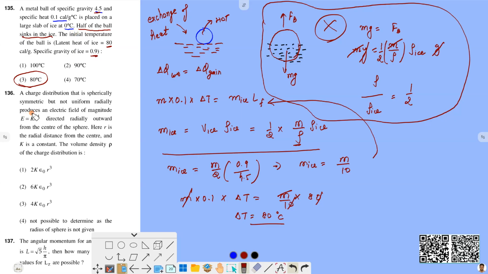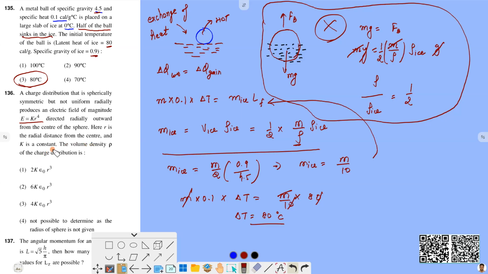So moving to the next one: a charge distribution that is spherically symmetric but not uniform produces an electric field of magnitude E equal to k r raised to power 4, directed radially outward from the center of the sphere. Here r is the radial distance from the center and k is a constant. We have to find the volume density rho of the charge distribution.